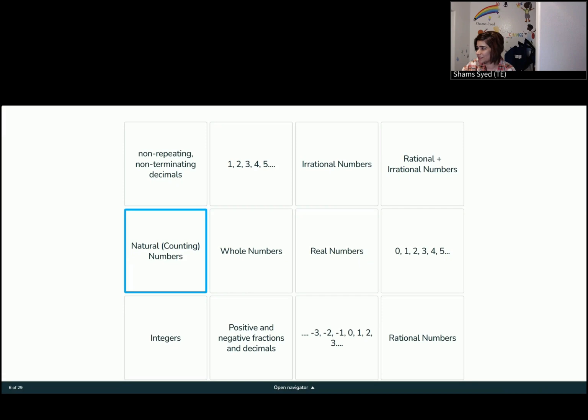Kathy is thinking, what about others? Katerino, do you remember about counting numbers?